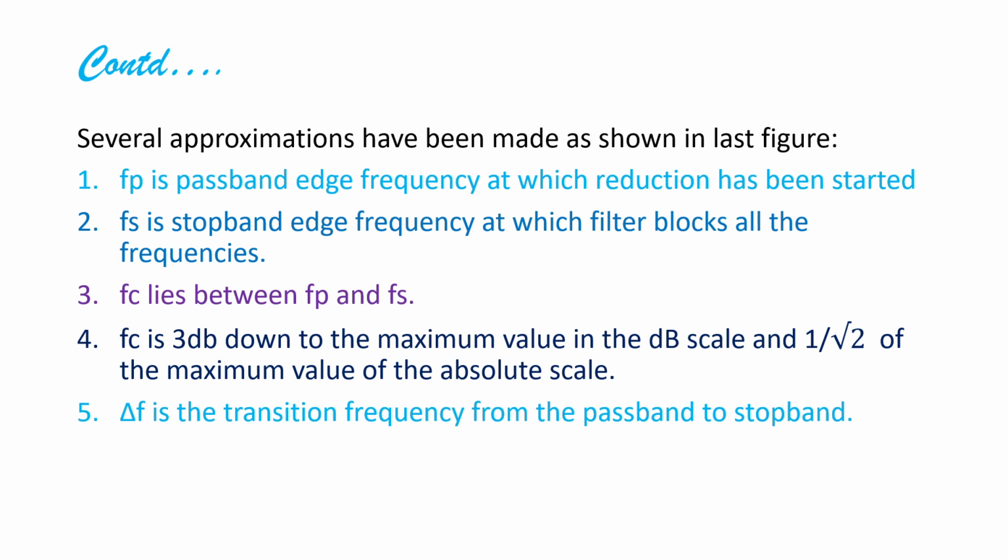Fc lies between Fp and Fs. Fc is 3 dB down from the maximum value in the dB scale, and 1 by root 2 of the maximum value in the absolute scale. Delta F is the transition frequency from the pass band to stop band.